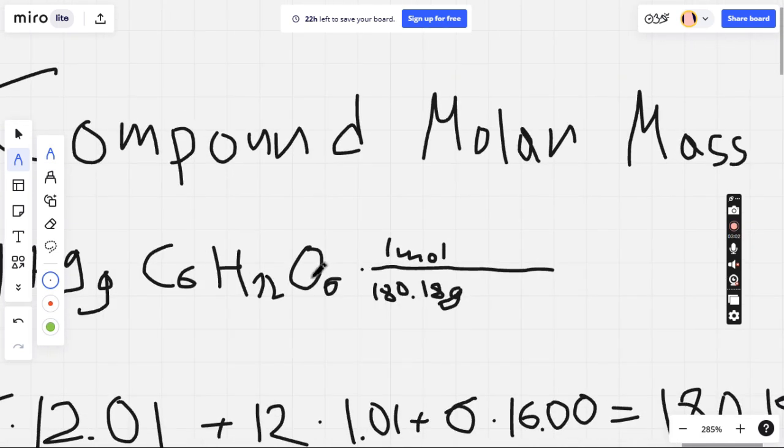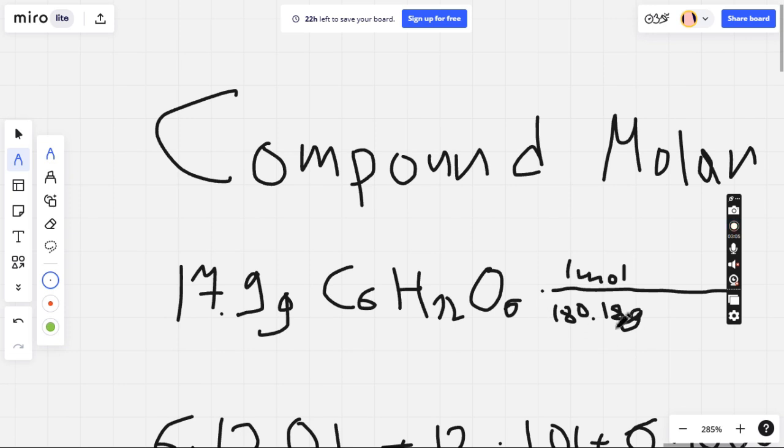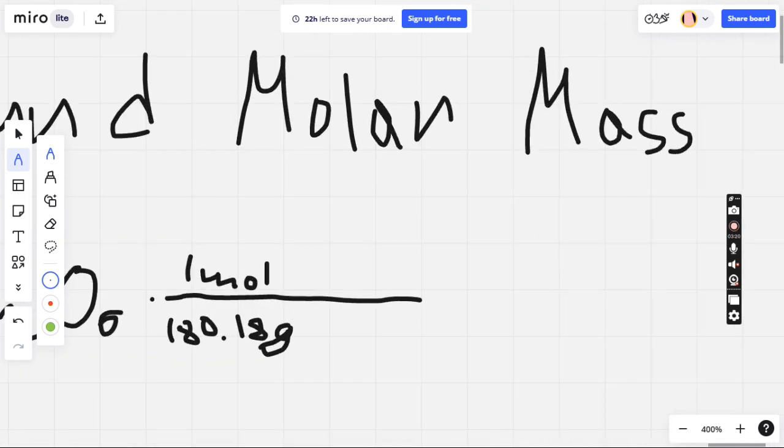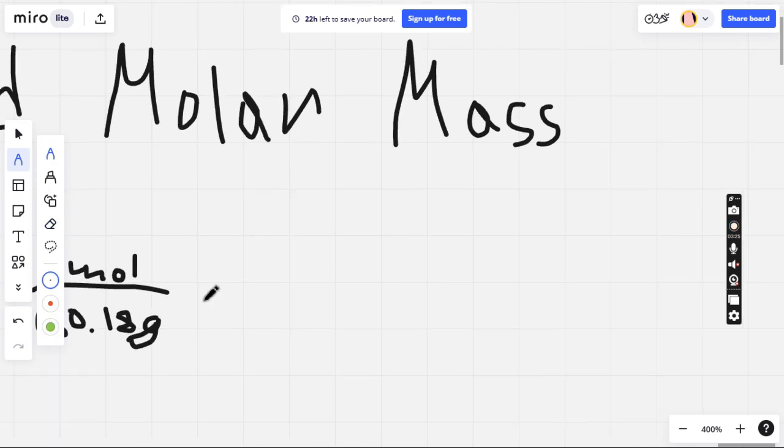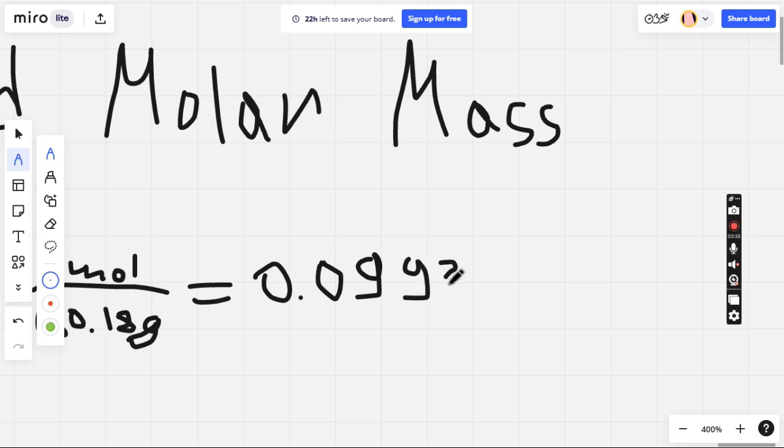Again, the grams are on the bottom, which means you have to divide. So what we would have is 17.9 divided by 180.18, which would equal, on my calculator, 1.0993.